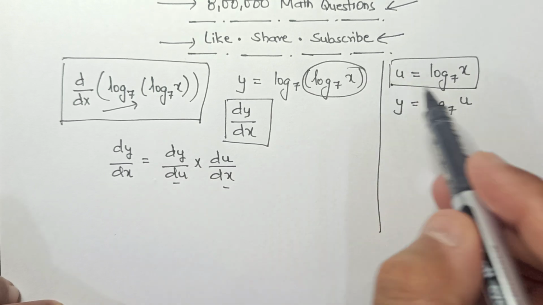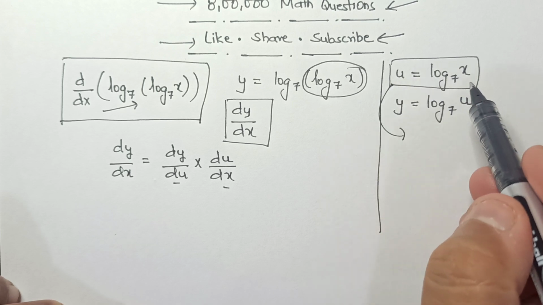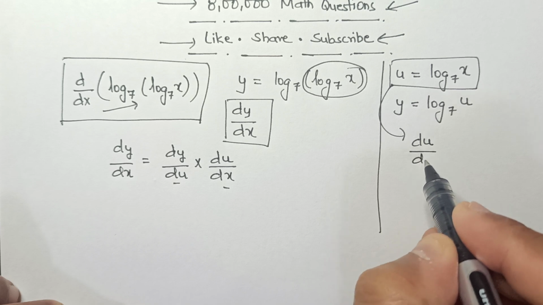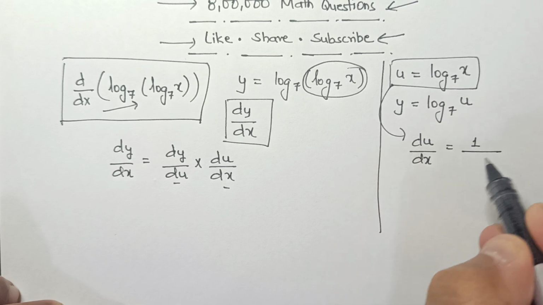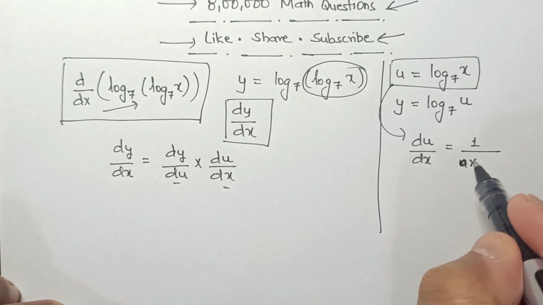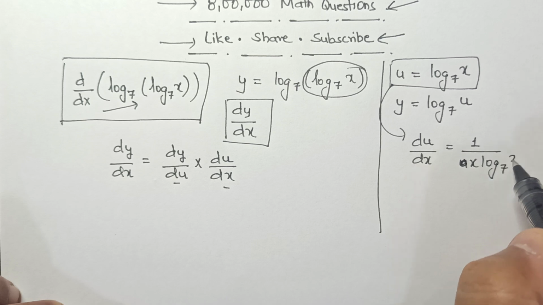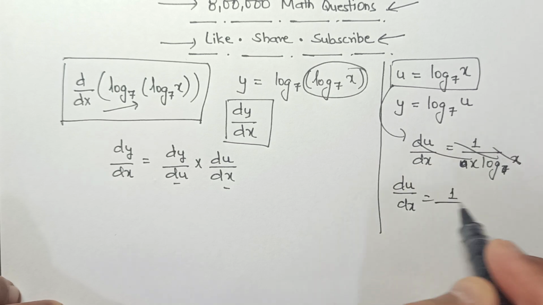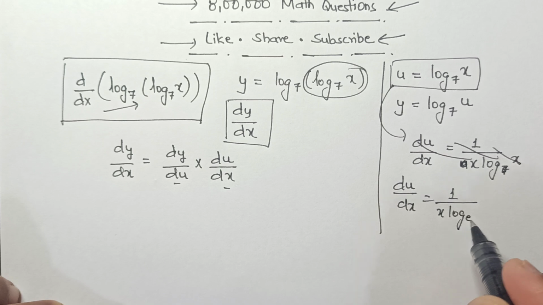So all we have to do is just calculate the value of these two functions over here. If the value of u is equal to log to the base 7 of x, and if we differentiate this, the value of du by dx is equal to 1 divided by x log e to the base 7.